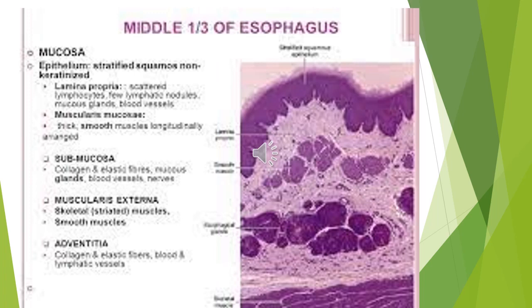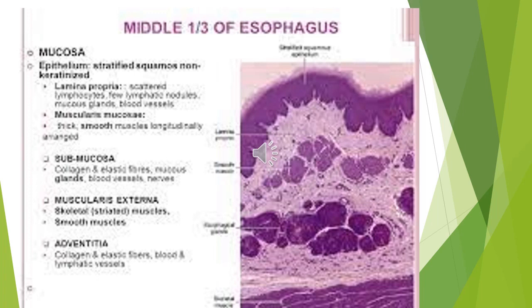Then coming over to the submucosa, it is dense irregular connective tissue with collagen fibers, elastic fibers, and there also are mucus secreting glands whose name is esophageal gland proper. Now the main difference is in the muscularis externa layer. It has got striated muscle, that is skeletal muscle, as well as smooth muscle.